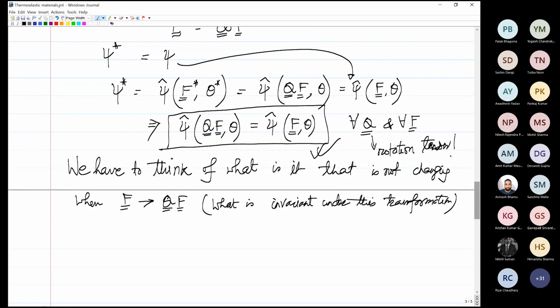Yes. So I think Vikram Parmar, for example, says that the psi hat should then depend on u. So what he means is that u is invariant here.